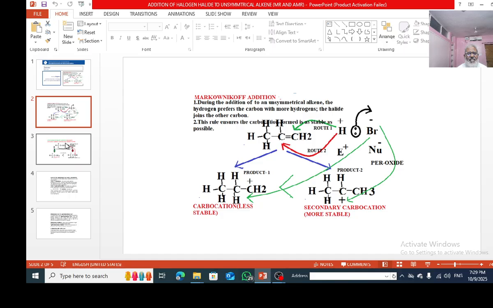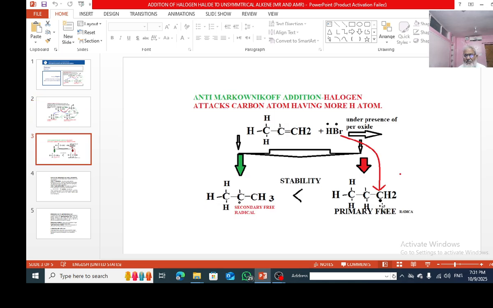Here this carbon is attached to only one carbon, and here this carbon is attached to two other carbons. That's why I have not drawn the arrow for the less preferable product. I have simply drawn this red arrow. It means only this route is possible.